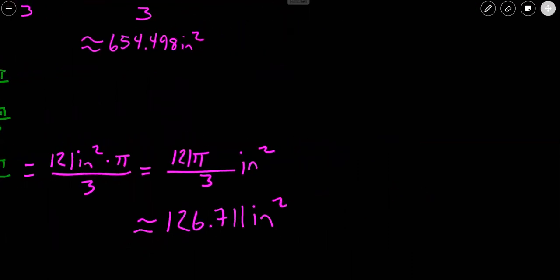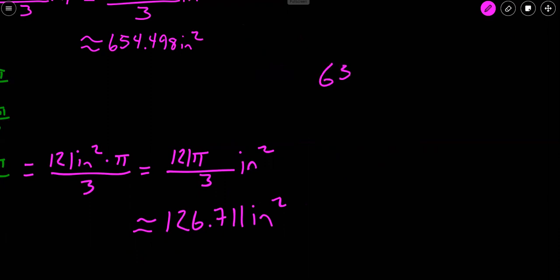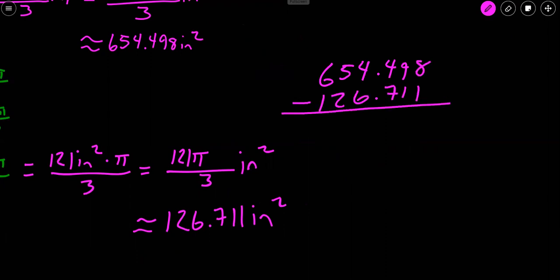So those are my two approximate values that have been rounded to the nearest thousandth. And then if I want to figure out the area that's swept by that windshield wiper, that back window wiper, I should say, I'm just going to do a subtraction problem. And then this just becomes doing some old-fashioned subtraction here. 527.787.